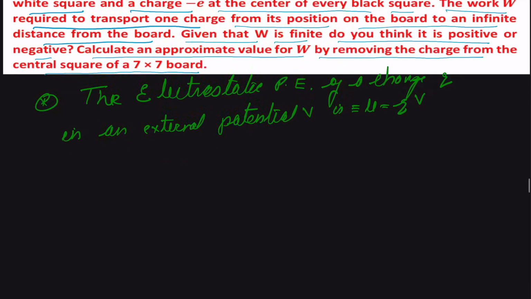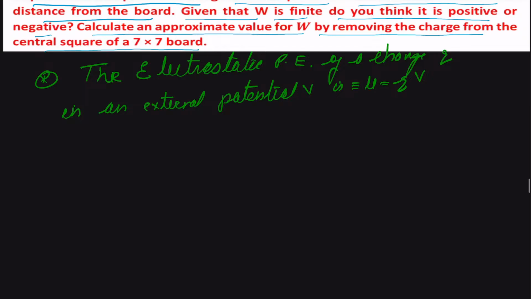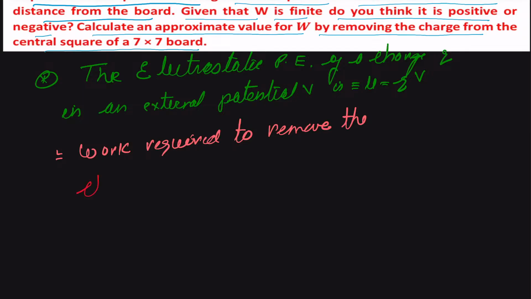Therefore, from here we can write that the work required to remove the charge to infinity, and suppose that work done is W, then that work done will be equal to the difference in their electrostatic potential energy.